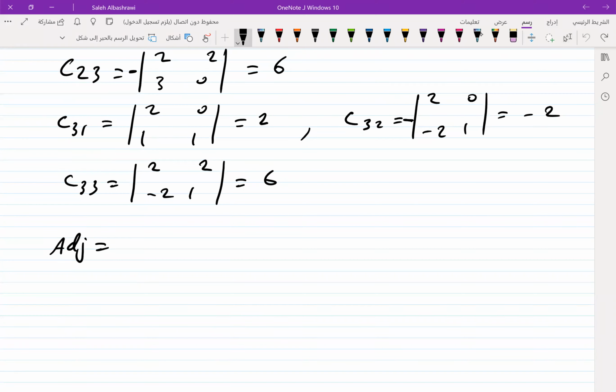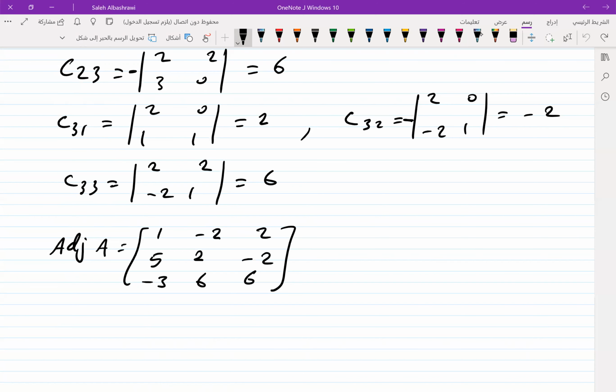The adjoint of the matrix A is equal to 1, minus 2, 2, 5, 2, minus 2, minus 3, 6, and 6. So this is the adjoint matrix for the given matrix A.